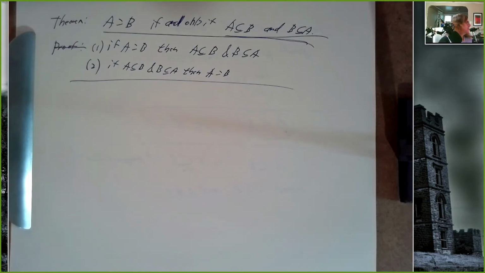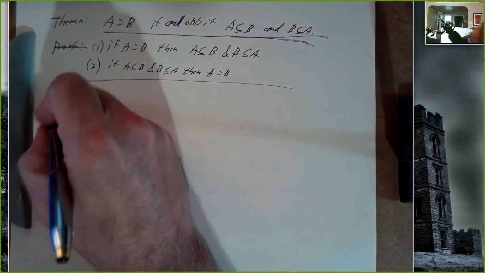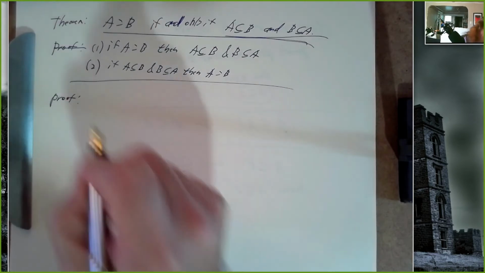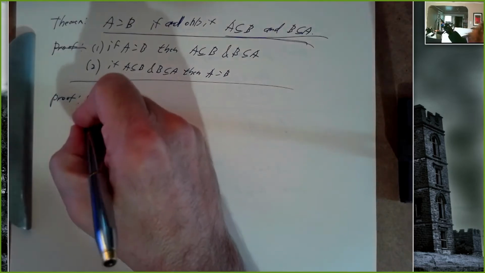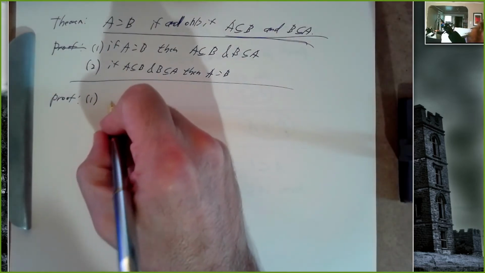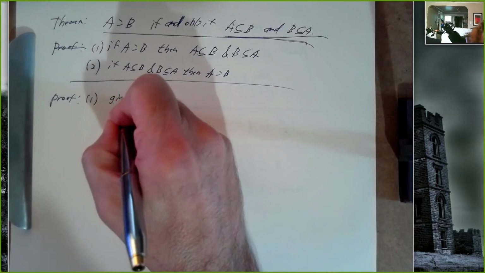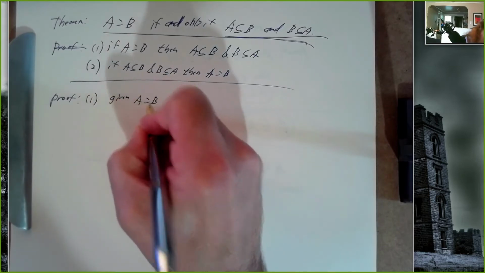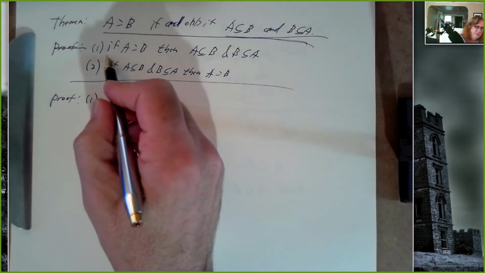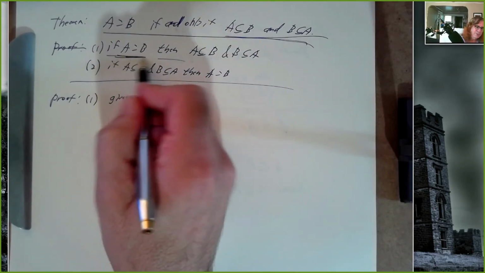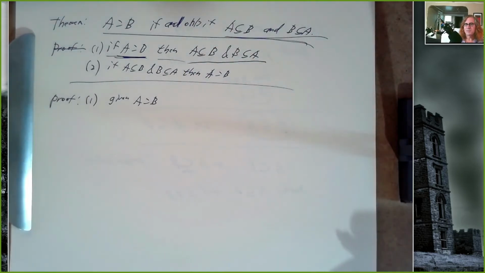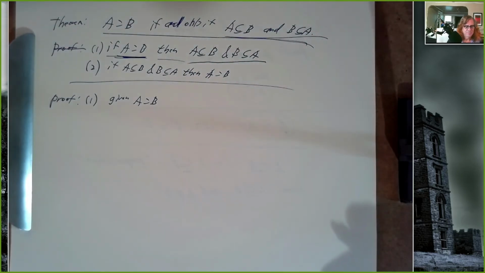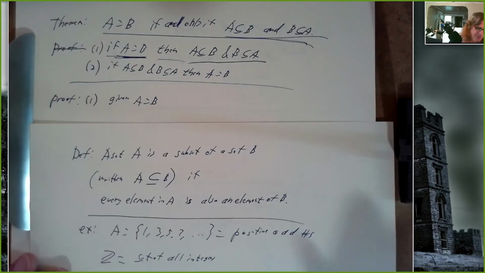And I'm not going to go through this in complete rigorous detail, but I want to just give you an idea that we basically just keep going back to the definitions. So let's prove one. We're given that A equals B, right? So suppose that A equals B, we should be able to show that each is a subset of the other. Given that A equals B, come back to our definition.